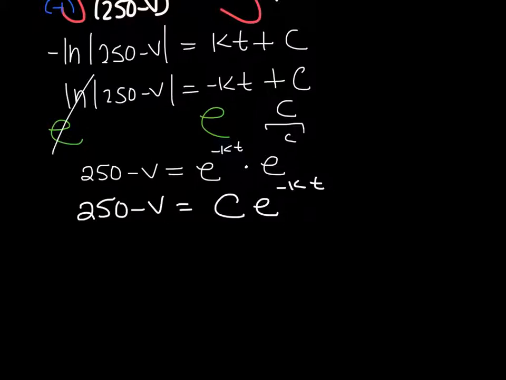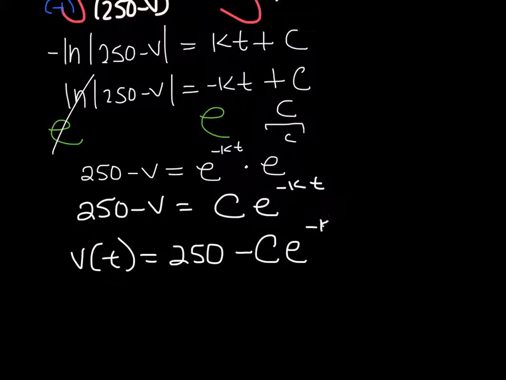Here we have a function of t, so c and k are constants. I want to solve for v. Using some algebra, I can move the 250 over and then finally solve for v. So v of t specifically, I get 250 minus c e to the negative kt.